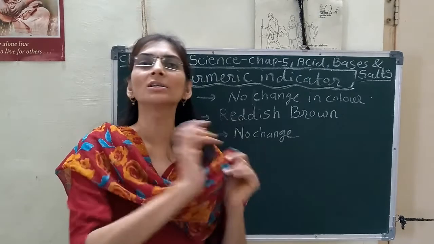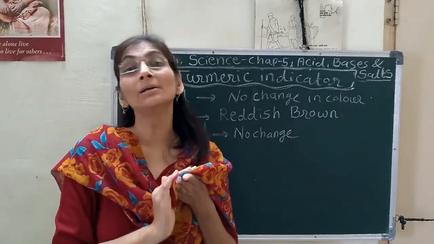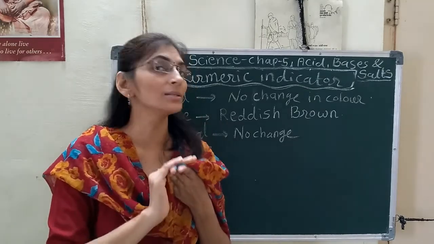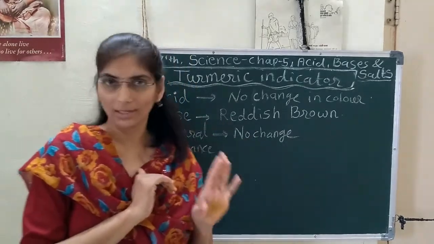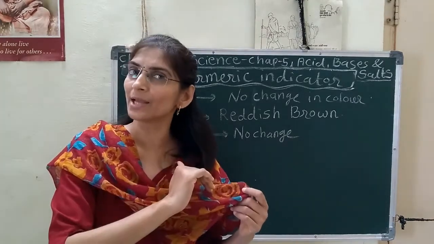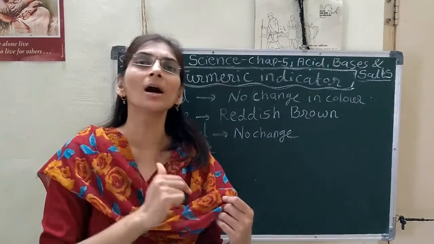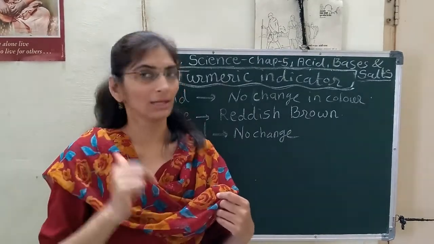And when you wash that cloth and apply soap on it, what will happen? That stain will turn into reddish brown color, because soap is basic in nature, it will react with the turmeric indicator and turn it reddish brown.